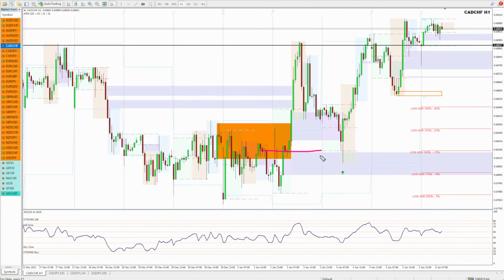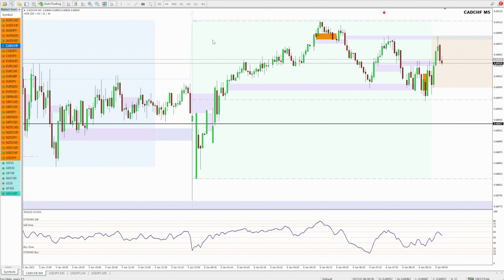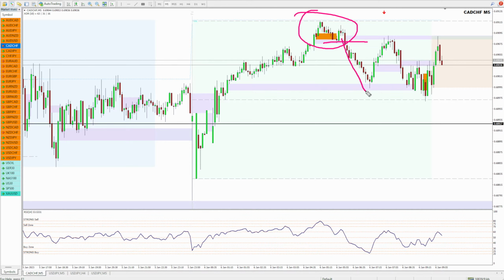You can see obviously we're here, we got that propulsion move. They step back in on that propulsion move as well. So we are very biased long on that at the moment. So be careful if you are shorting it. Not to say it won't work, but how far it will go. I mean, the entry was this morning in Asia. So if you took the entry in Asia, you're in it, obviously.